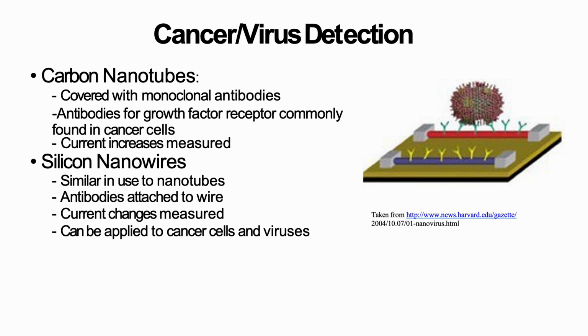Now, antibodies for growth factor receptor are commonly found in cancer cells. So what we do is that we are going to use those antibodies, and we are now going to add some type of cell preparation in order to see whether or not we have growth factor receptors. These are receptors that we have in the cancer cells.